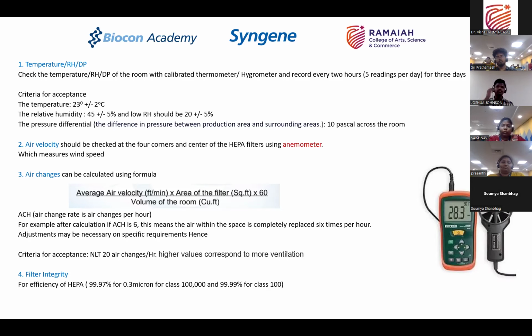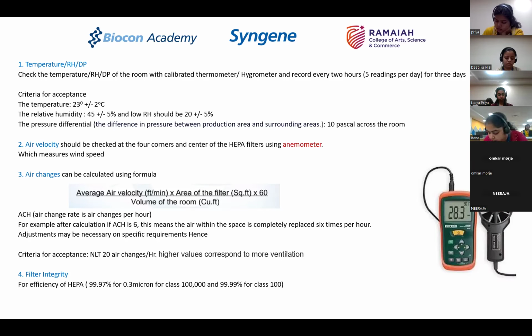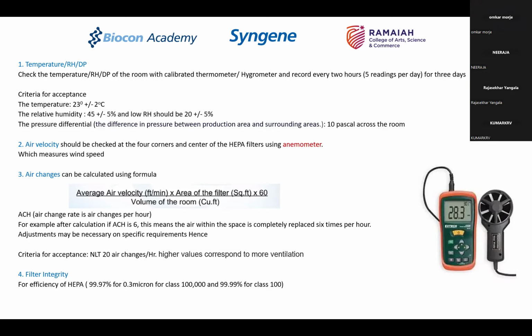So monitoring has to be done depending upon the air change rate. Higher values of air change rate indicate more ventilation, so air is changing frequently and the monitoring has to happen accordingly.